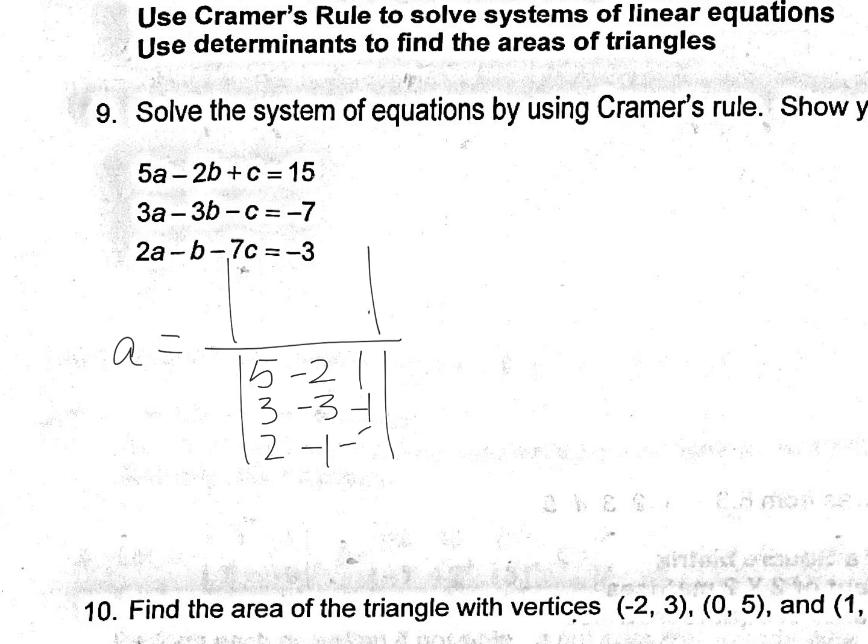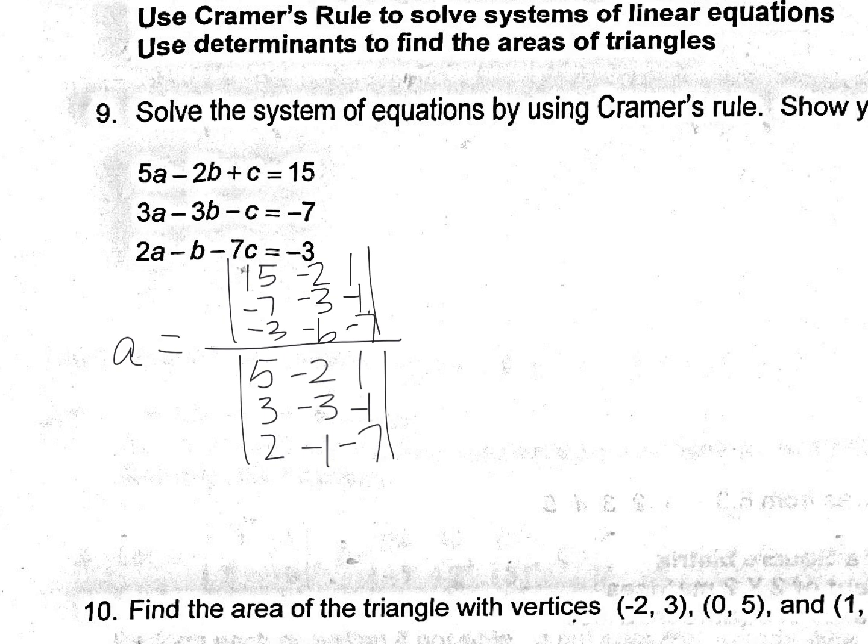2, -1, -7. And then if we're solving for a, in the numerator, we take the constant column and insert that for the column of A, which is the first column. So 15, -7, -3. Again, that's taking this and inserting it into our first column right here. And then the rest of the matrix is written the same. -2, -3, -1.